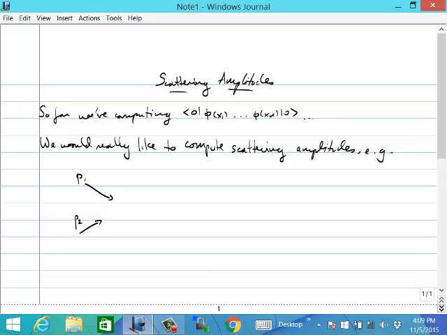Then something you might be interested in doing is studying some sort of process where these particles come in and then they undergo some sort of scattering and then some stuff comes out. These are the sorts of processes that you would study if you had some particle physics experiment or some nuclear physics experiment, or even in some cases some sort of condensed matter experiment.